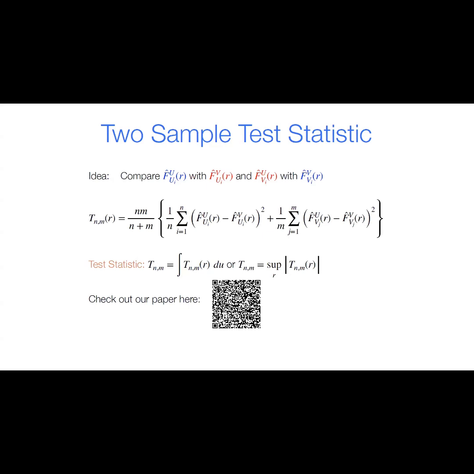And then you can have this whole stochastic process giving you an idea of how different the two populations are, and you can aggregate the information either by taking an integral of this whole statistic or by just taking its maximum value. And I'm not going to get into the details of this, but you can check our paper that recently got published if you're interested in this test.